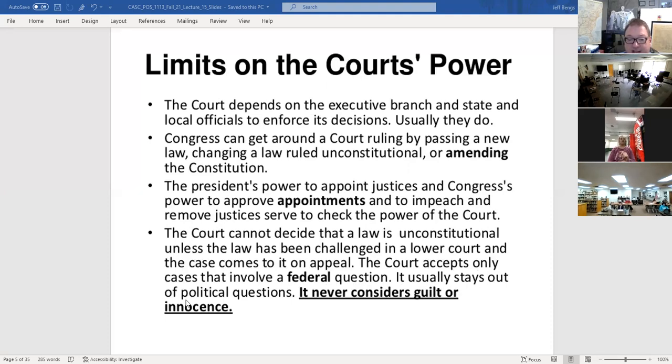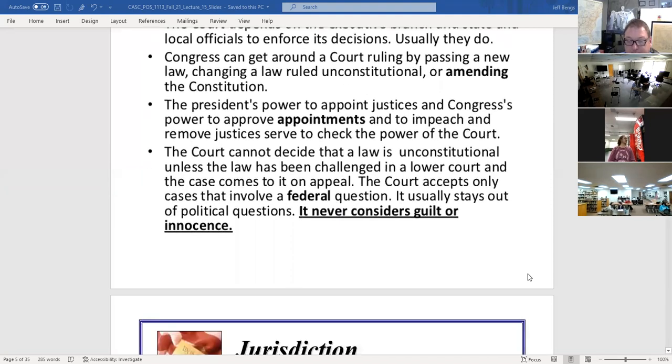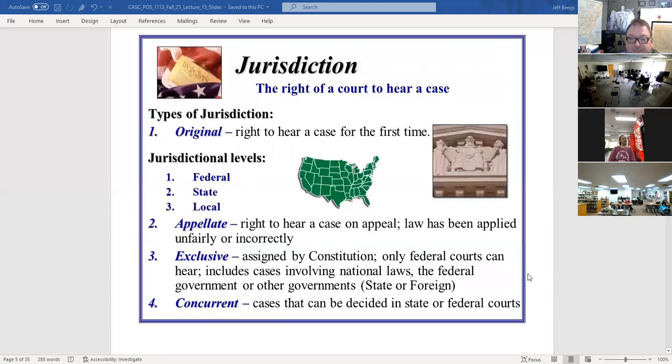It usually stays out of political questions. Notice here that the federal court system never considers guilt or innocence. They try to determine if something is unconstitutional or constitutional. Any questions so far?